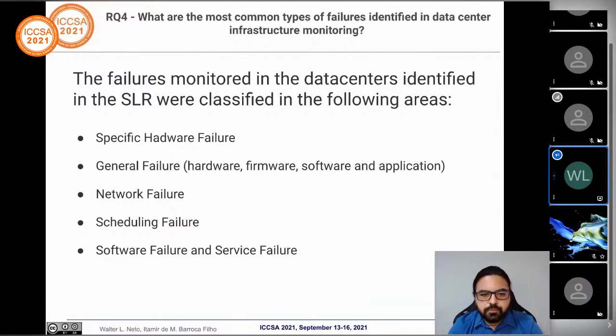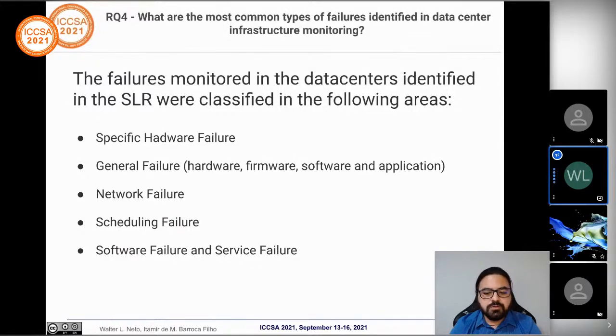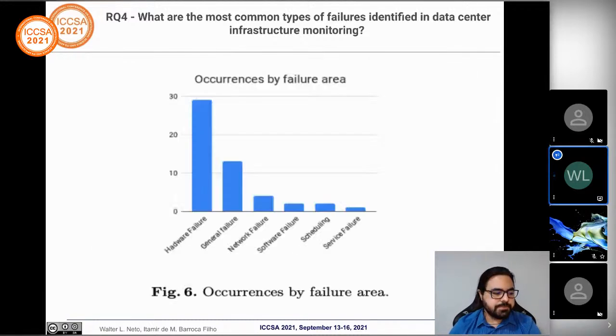And the last research question was, what are the most common type of failure identified in the data center infrastructure monitoring? So we grouped the types of failure in the following areas: specific hardware failure, general hardware failure, where it includes hardware failures, firmware, software, and application firmware failures in general way, network failures, scheduling failures, and software failures, and safety level failures.